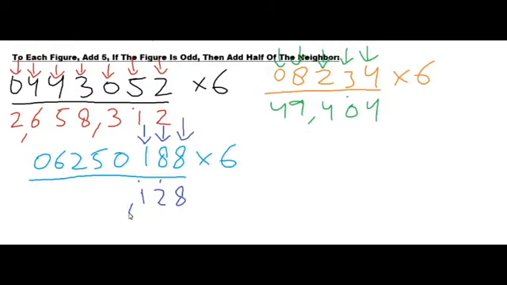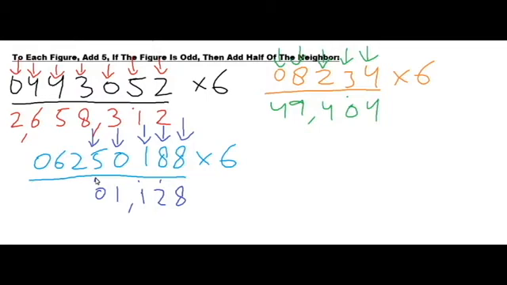Let me put comma here. Now this 0 plus half of 1 is still 0, plus this dot will make it 1, and this 5 is odd, so add 5, it will become 10. 10 plus half of 0 is 0, so it will become 10.